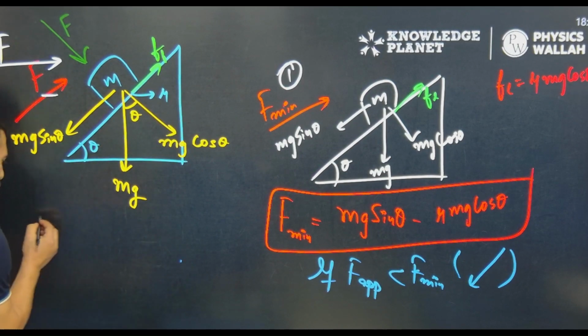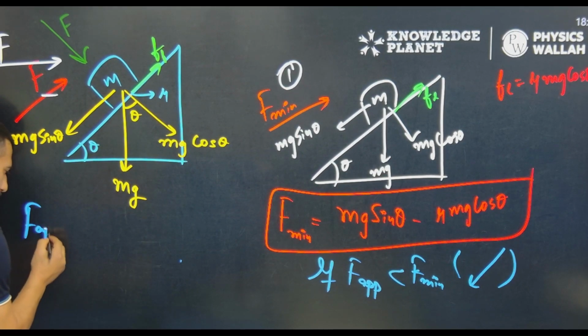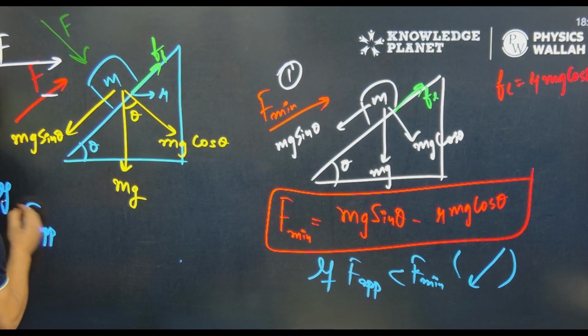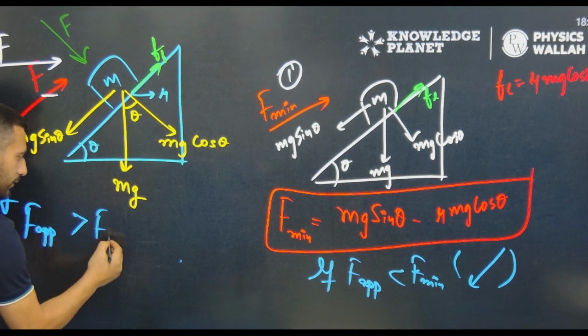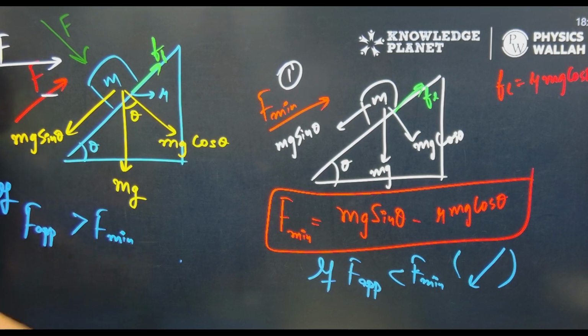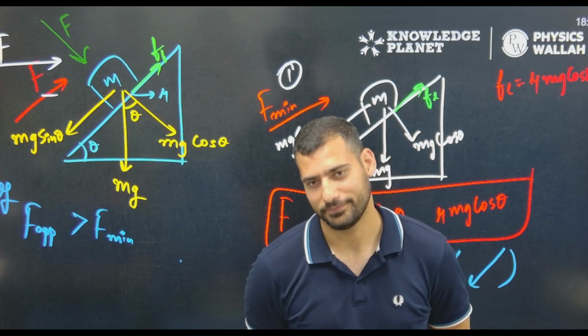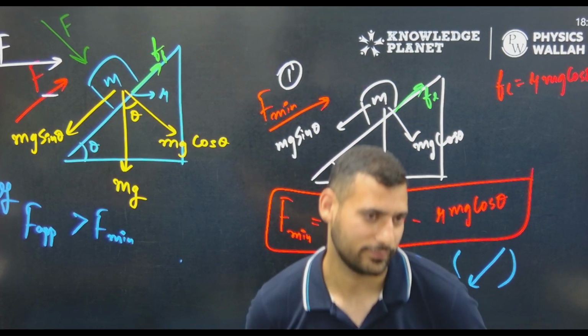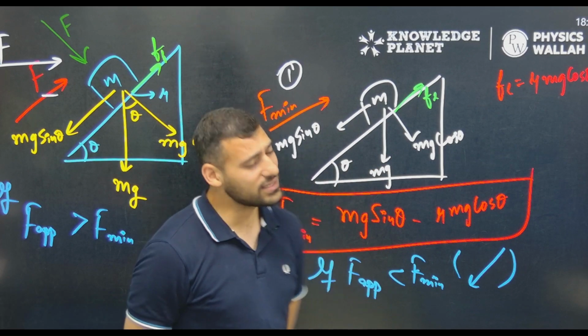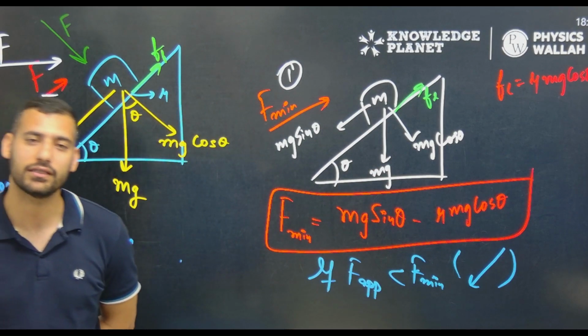But what if the force that you are applying is more than F min? What will happen? The block will not go. Understand. The block doesn't have the tendency to go up when you're increasing the force.